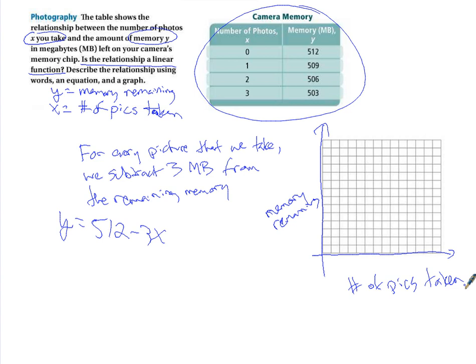Okay, now what? Scale. So if I look at x, my horizontal axis, I got to go 0, 1, 2, 3. Do I have enough room for that? Yep. Yeah, so I can just go by 1. Okay. How about for y?